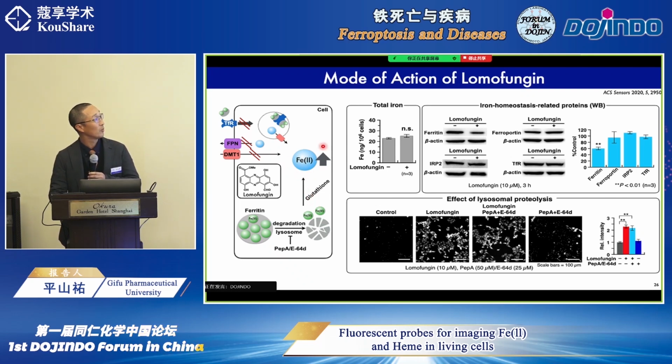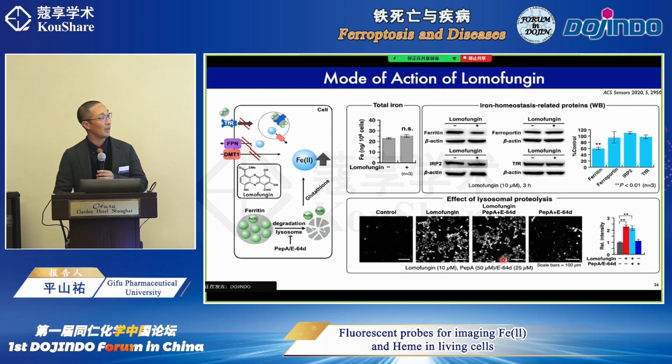So that is why Fe2+ is upregulated. The next question is how ferritin is downregulated upon the addition of rhomofungin. The lysosomal degradation is the major pathway of ferritin degradation, but lysosomal peptidase inhibitors did not affect the upregulation of Fe2+.